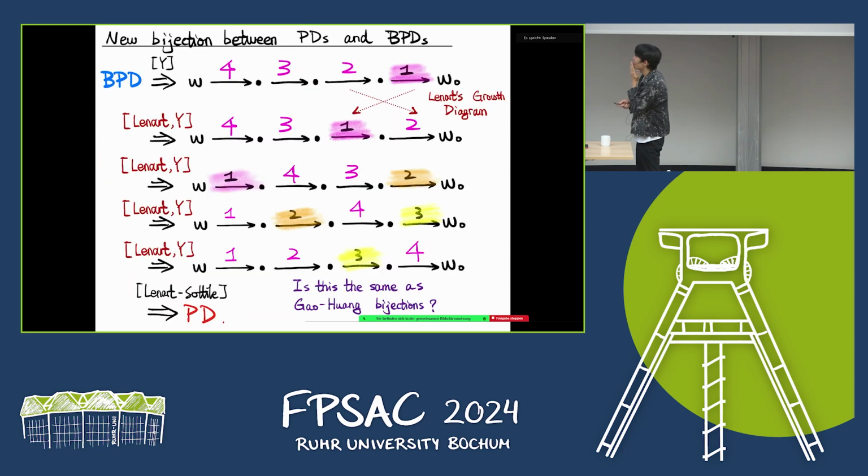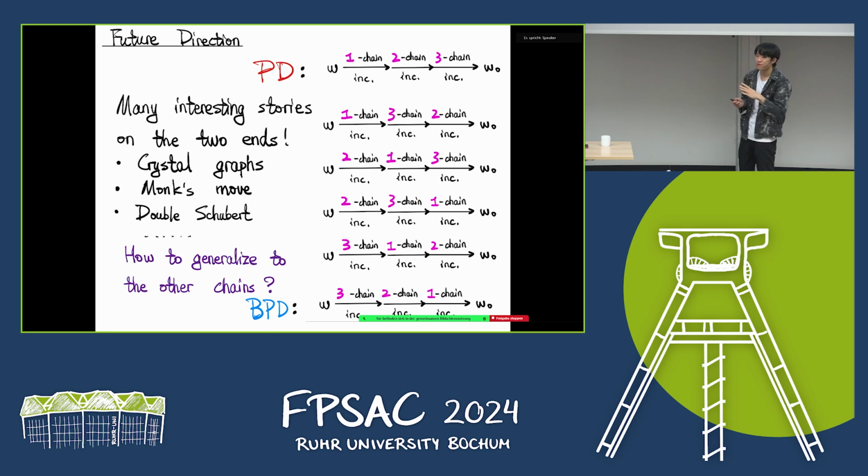Now you might wonder, what about these chains in between? Well, in fact, you can just go ahead and pick your favorite labelings. By the work of Sottile, the order of the labelings doesn't matter if you want to compute Schubert polynomials using chains. So you can pick 2, 1, 3 as your labelings.